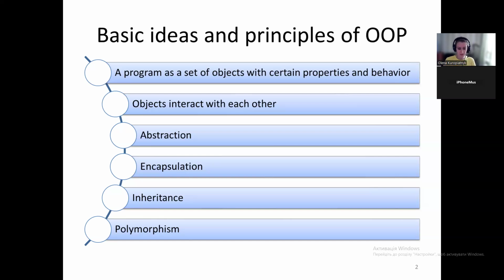For example, between the user interface and the logic of our program, or the logic of our program and the part for output data or input data. It's not an easy conception, yeah, I know, but today we must explain the basic ideas and understand it.